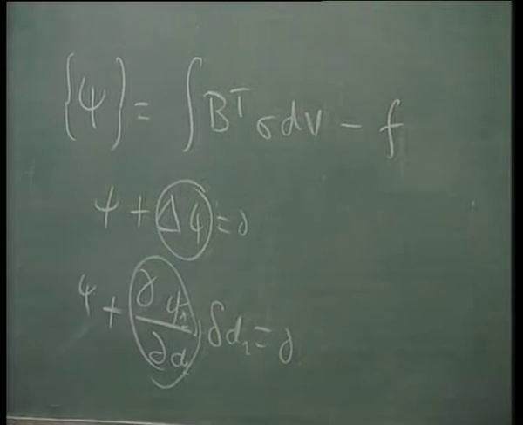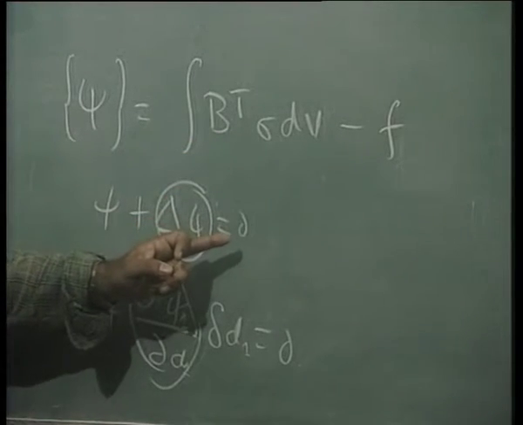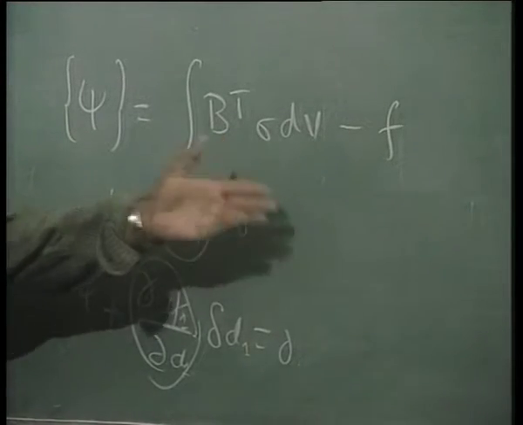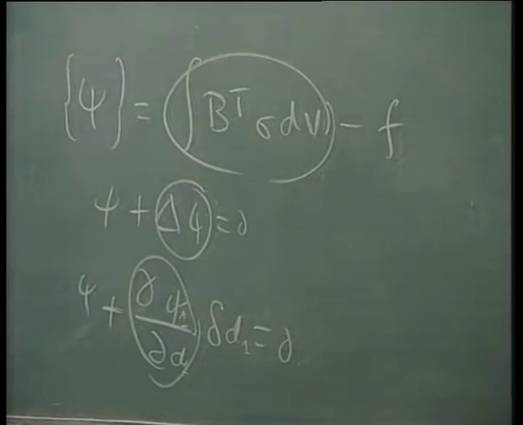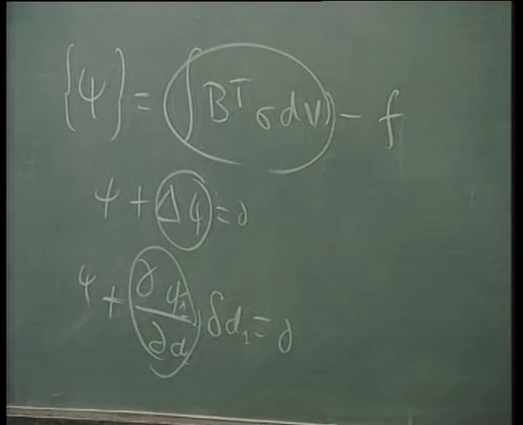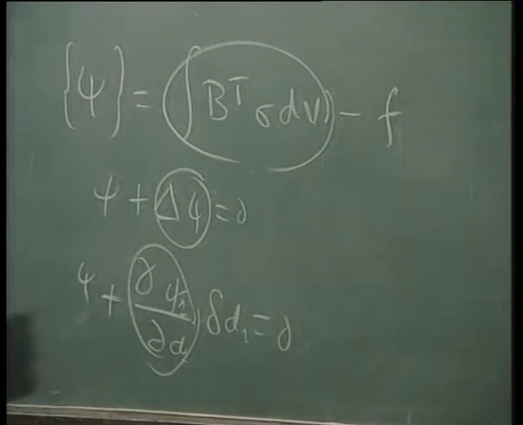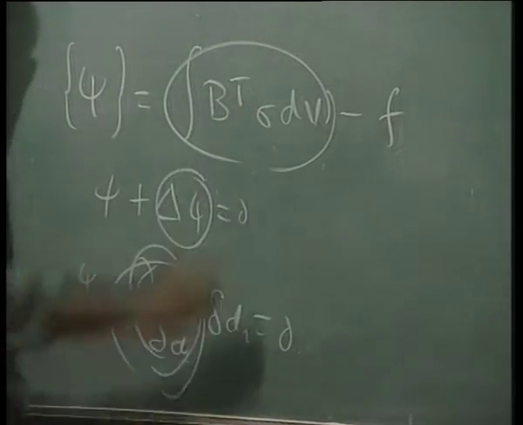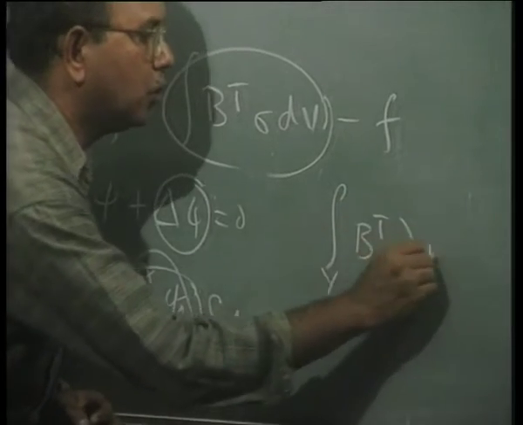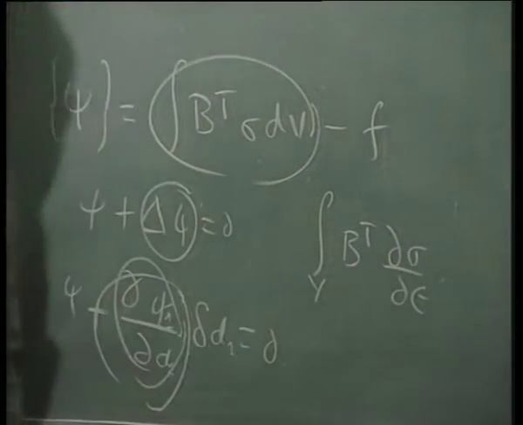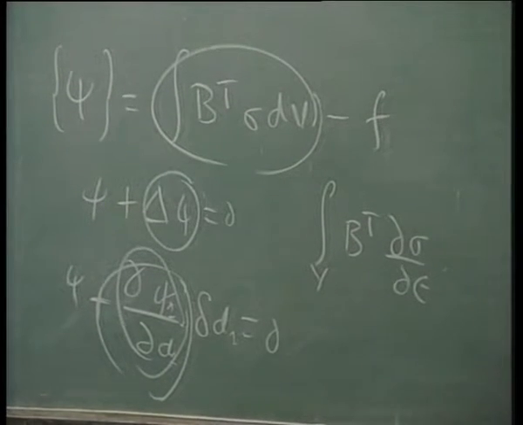Simple. Dou sigma by dou epsilon into dou epsilon by dou d into delta d, because now you can look at this whole thing as a function of sigma. So this term here, when I apply it to this term, becomes integral v b transpose dou sigma by dou epsilon, because sigma is a function of epsilon, we know it. That is the constitutive equation.